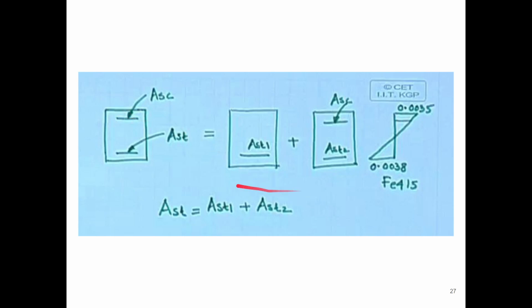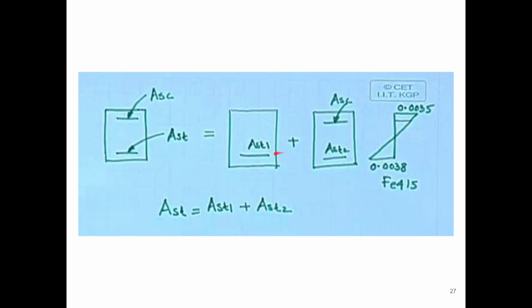This is equivalent to the singly reinforced section, which had only tension reinforcement of area Ast1, plus the extra, which is Ast2 and Asc. So it is the combination of Ast1 plus Asc and Ast2. As you can see, the strain under compression is 0.0035, and for Fe415 under tension it is 0.0038.